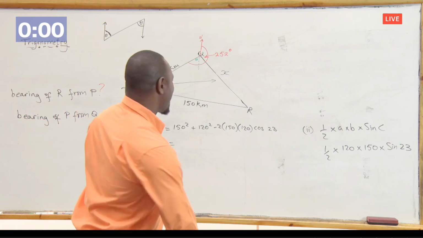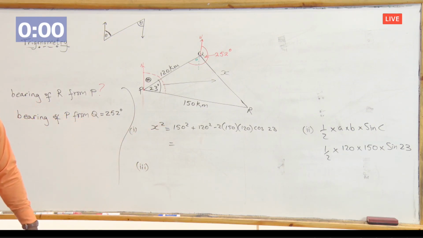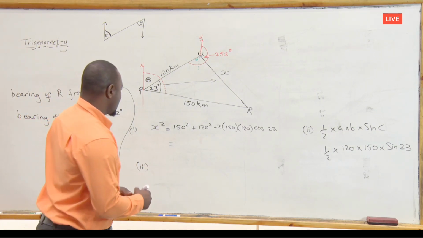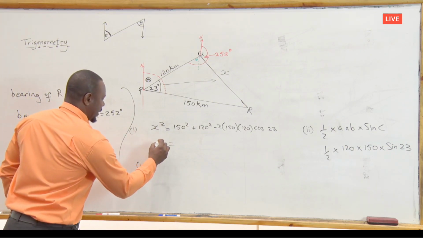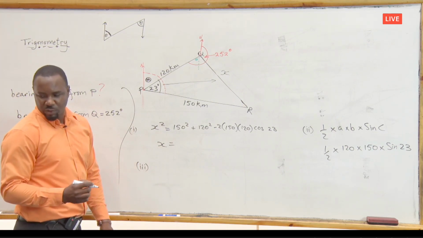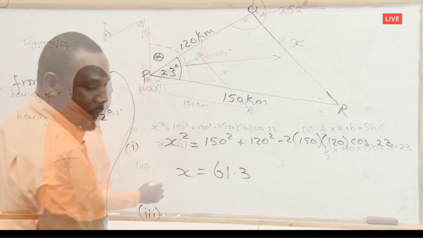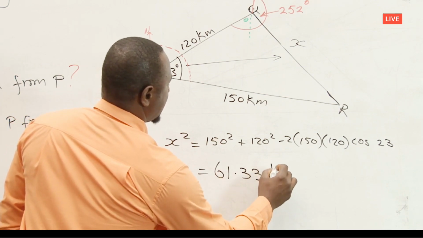Welcome back, students. So now I'm going to give you the solutions just to confirm so that you can check to see what you have. For the value of x in question one, x is equal to 61.33 kilometers.